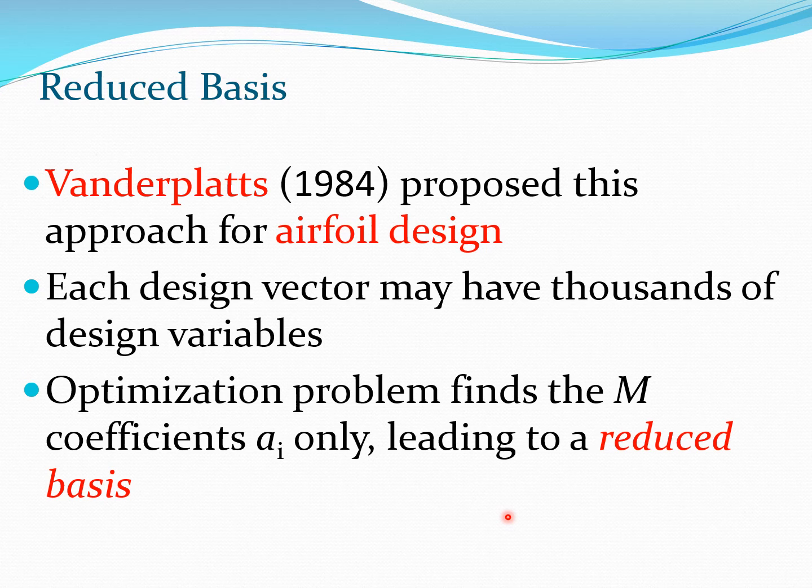That is certainly possible, especially if you have a high level of computing power. But if you are constrained in computing power, you can use the reduced basis to come up with a pretty good wing section for your problem. So these a_i are known as the reduced basis.